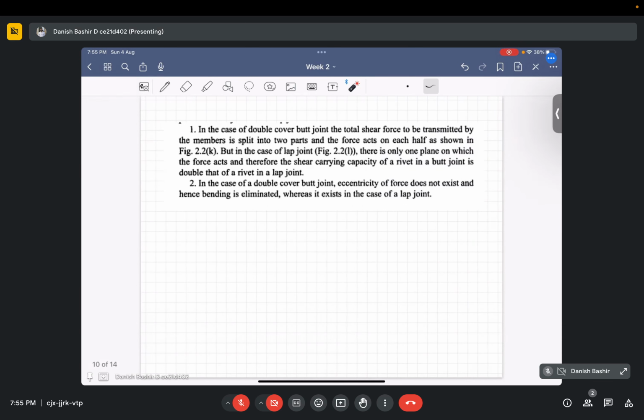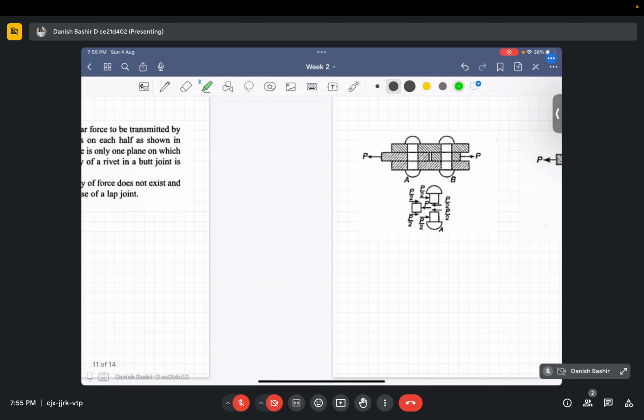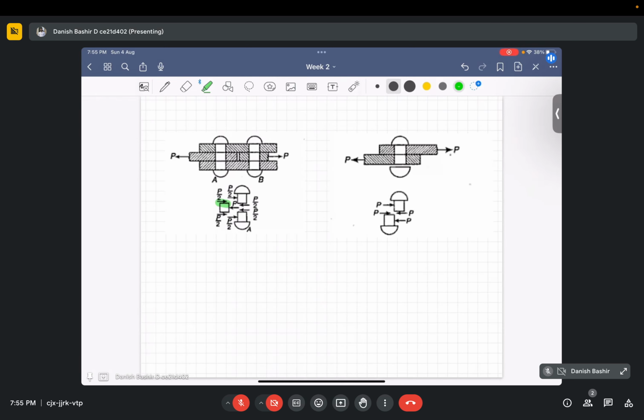So why we prefer butt joints is because of these two reasons. In case of double cover butt joints, the total shear force to be transmitted by the members is split into two equal parts, and the forces act on each half as shown in the figure. Here I can show you the butt joint. Force is split into two parts, P by 2 and P by 2. So on each side of the rivet there is a shear force of P by 2 only.